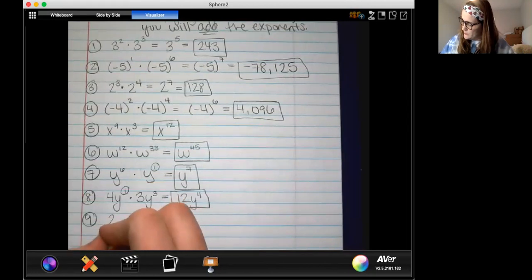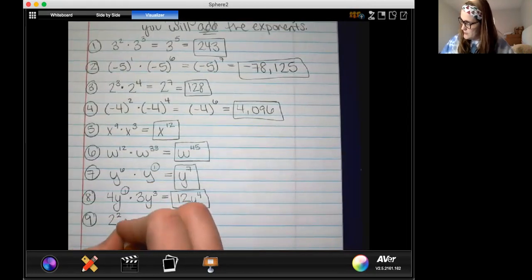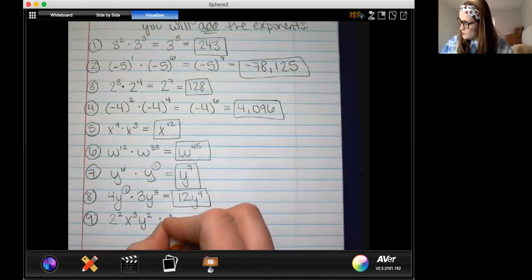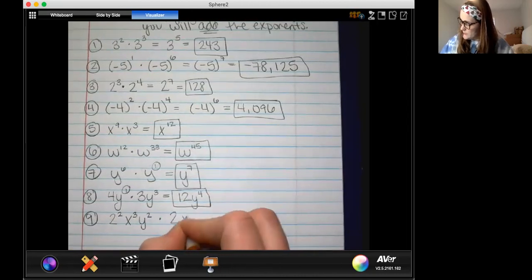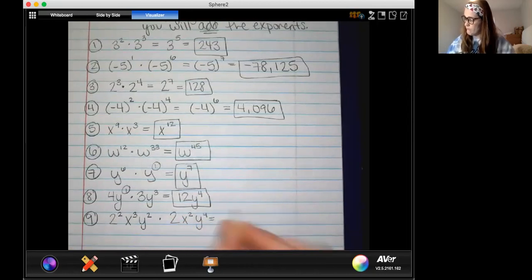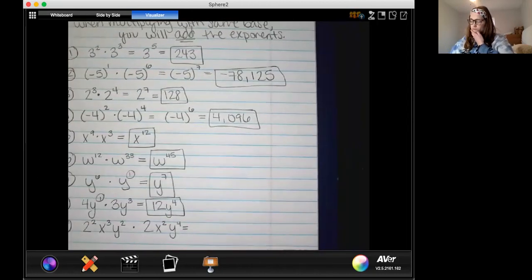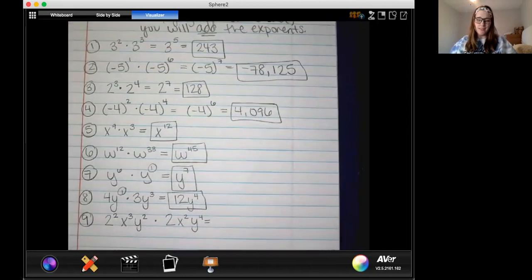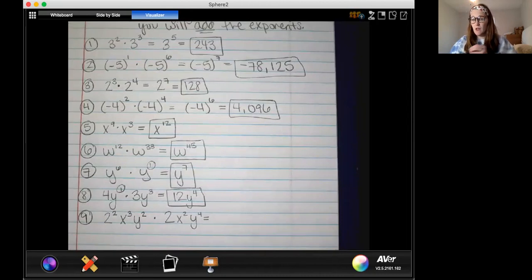Okay, number 9. How about 2 squared x cubed y squared times 2 x squared y to the 4th. Now, keep in mind that even numbers have an exponent on them.